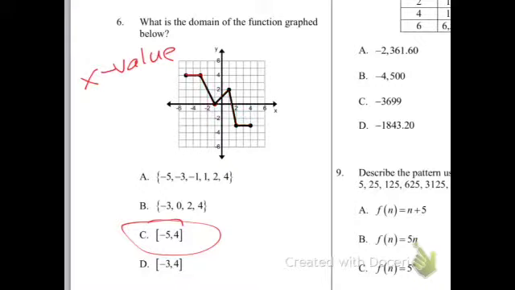Since it's connected with those lines, this is a continuous function, and so all these in-between values are also x values that are part of the function. You're going to have to switch over to interval notation. The x values go from negative 5 up until 4. So it's going to be [-5, 4]. It has square brackets because it includes negative 5 and it includes 4.